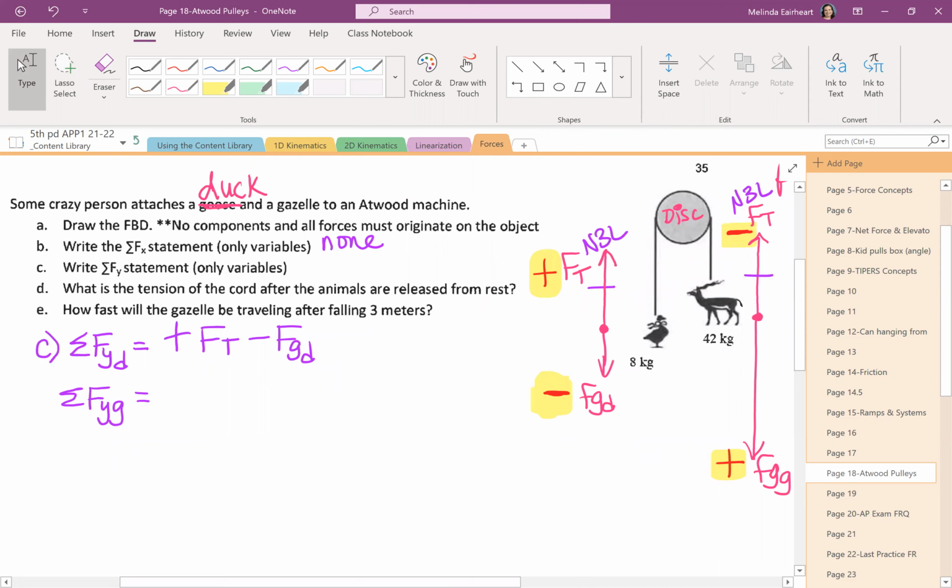FNet for the gazelle has a positive FGG, or if you did A and B, 1 and 2, and then it has a minus tension. And tension, by the way, we have to solve for it. It doesn't say it, but we'll need the acceleration. Those are very common with pulleys, to solve for the acceleration and or the tension.